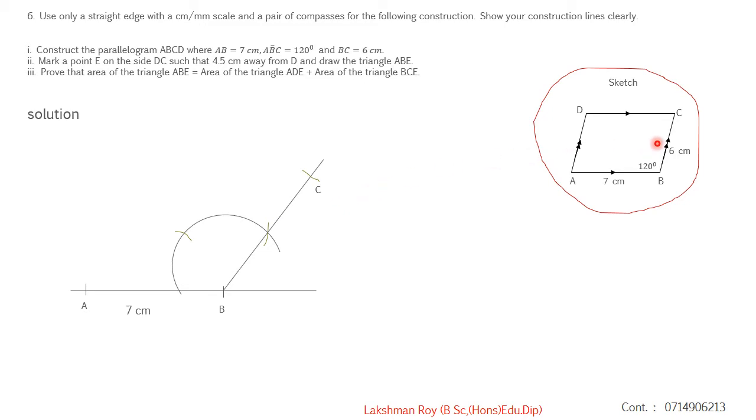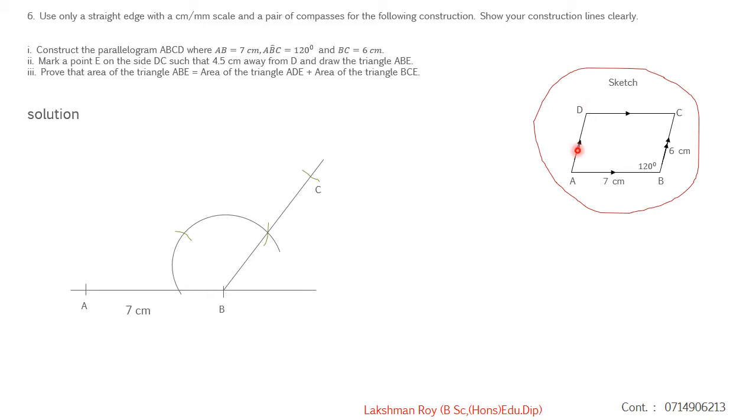Now you should find the point D, right? How to find the point D? You have to construct one line, AD or another line CD. Anyway you can follow either.